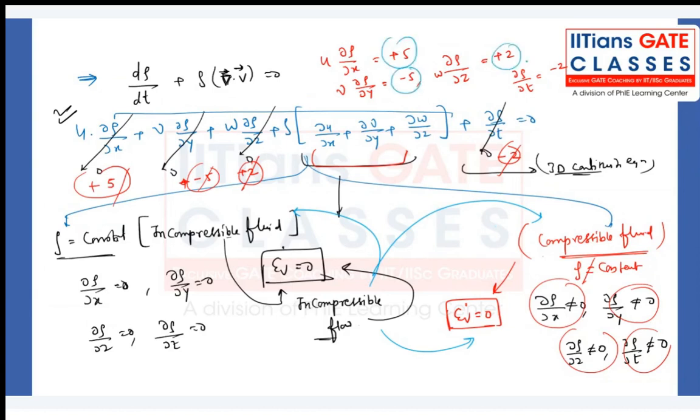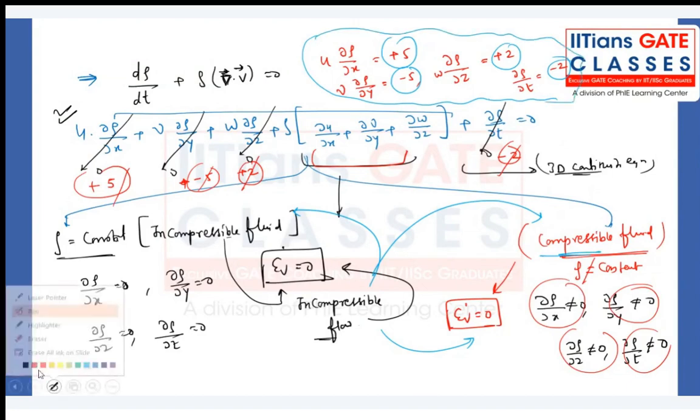It is very, very impossible in reality or in practice that they will get plus 5 minus 5 plus 2 minus 2. Mathematically it seems possible, practically not at all possible, right? So that's why they assume that incompressible flow will always mean incompressible fluid. But once again, this statement is not 100% correct. I have shown you one condition where a compressible fluid can also give incompressible flow, under this very, very rare possibility.